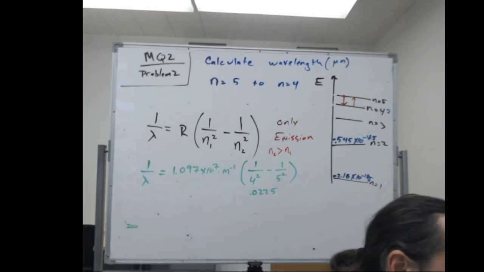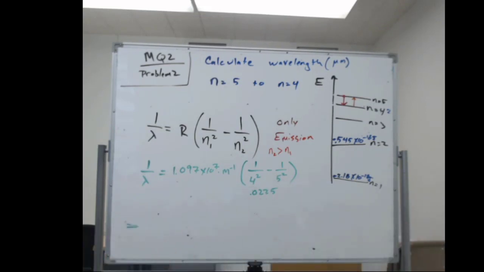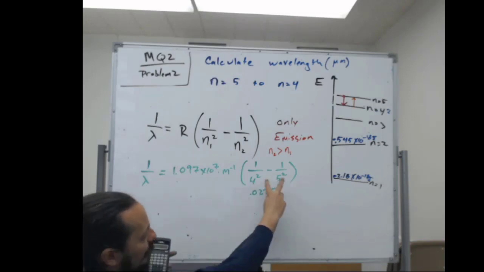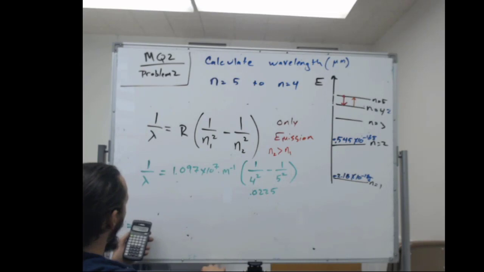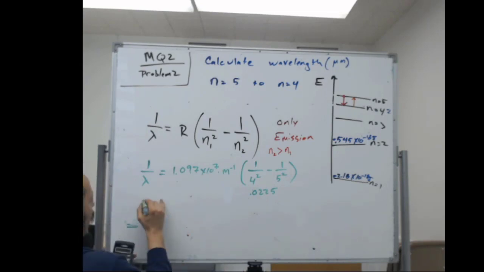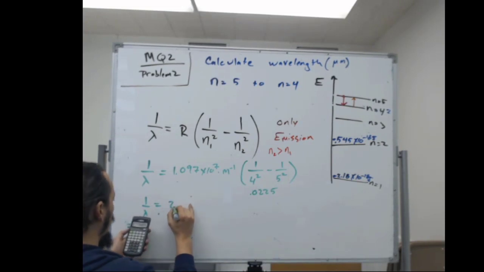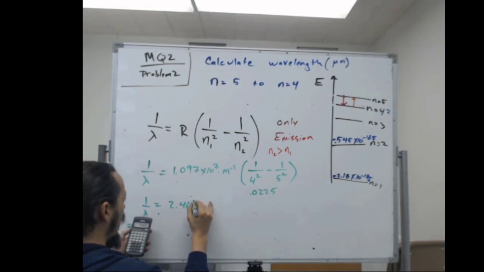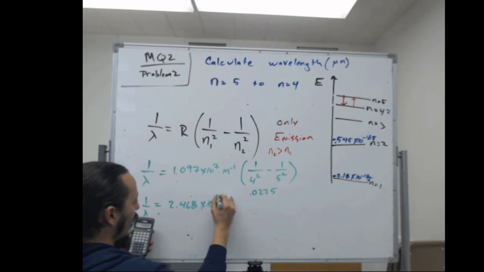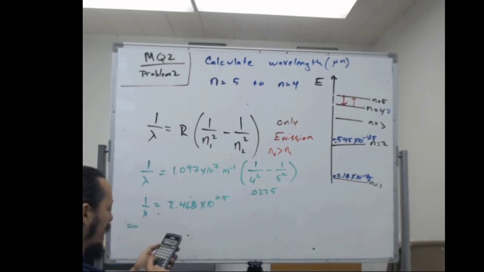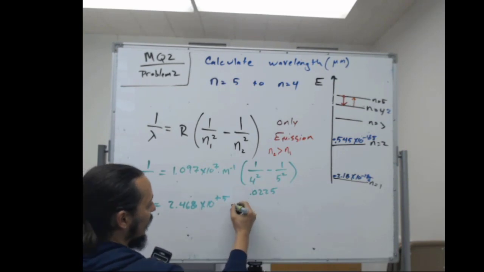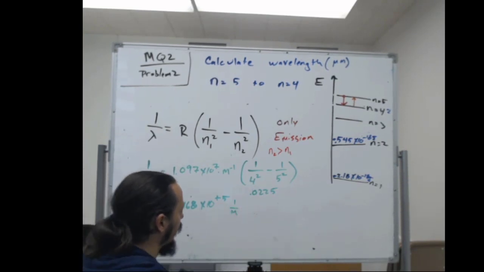I lost my calculator. Here we go. I'm going to take 1.097 times 10 to the 7 times 0.0225, again, because we already did that calculation. And we get 1 over wavelength is equal to 2.468 times 10 to the positive 5, and that's going to be in units of 1 over meters.